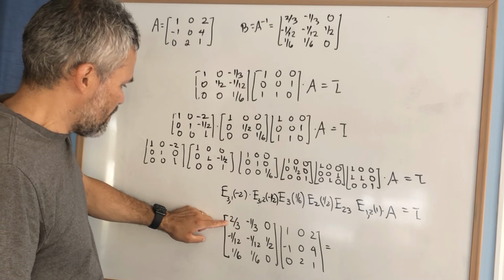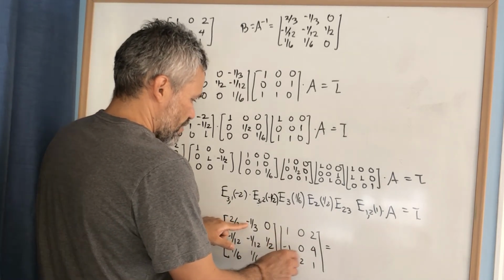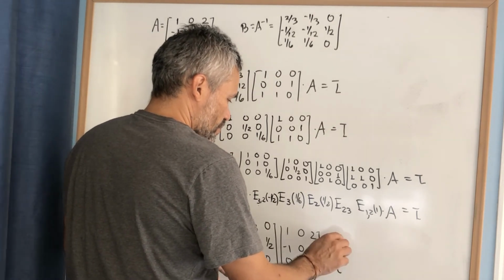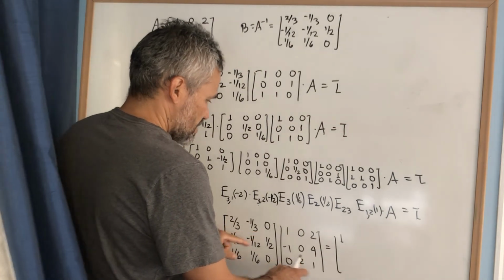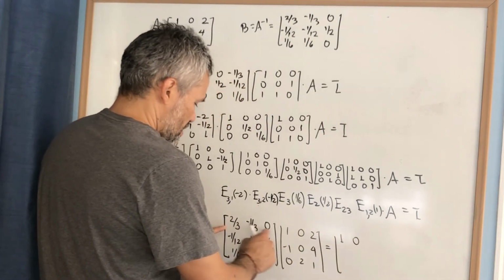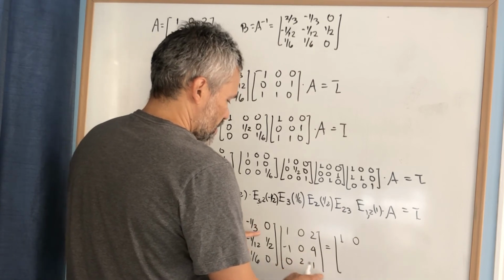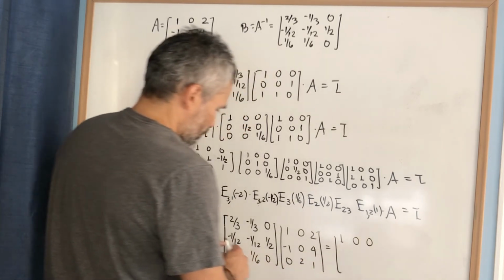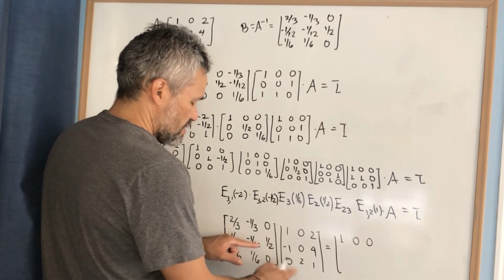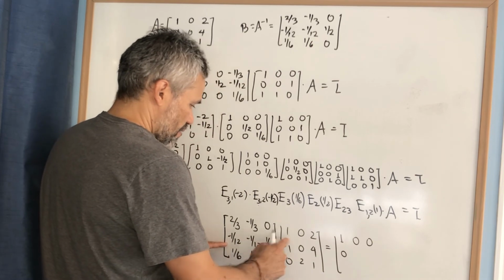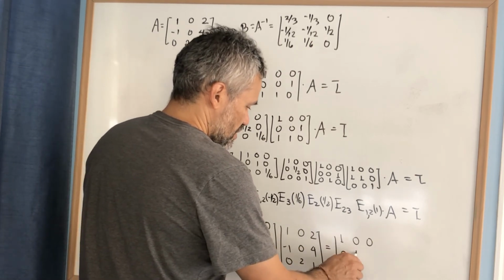Then here we have 2/3 plus 1/3 is equal to 1. Here we have 0 plus 0 plus 0 is 0. And here we have 4/3 minus 4/3 plus 0 is 0. For this one we have negative 1/12 plus 1/12 plus 0 is 0. Here we have 0 plus 0 plus 1/2 times 2 is 1.